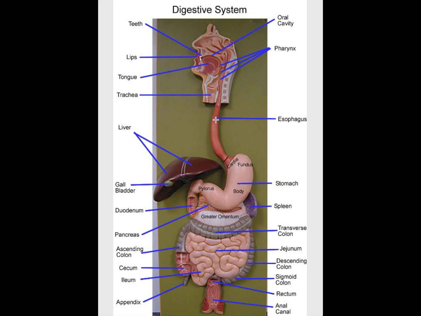So this is the esophagus, this is the cardiac sphincter or the inferior esophageal sphincter, and then the different parts of the stomach, the pylorus, the pyloric sphincter, and then this is the duodenum.